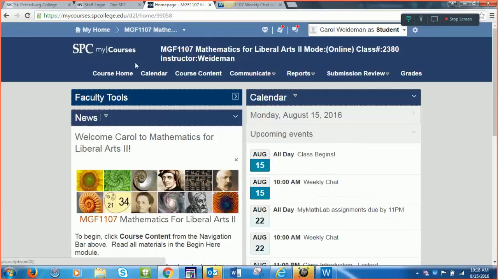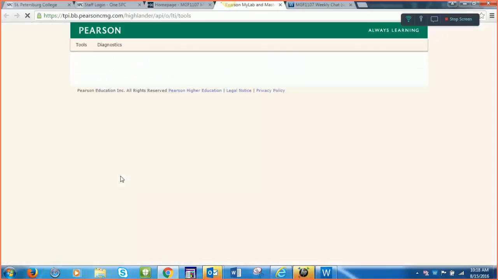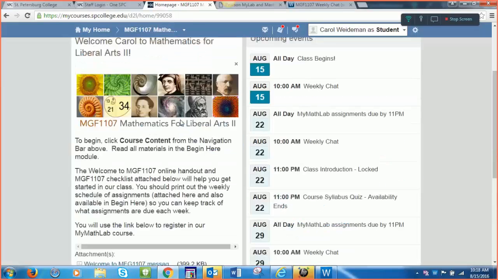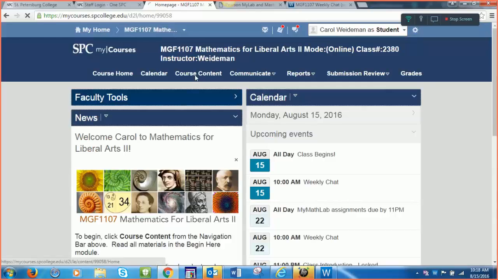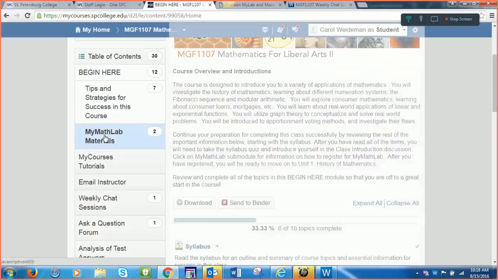I'm on the course homepage now. All the way down to the bottom, you're going to click here, and my demo student is already registered. The first time you go here, you'll actually have to register and put in your MyMathLab access code. Let me show you where that information is. If you go over to course content and go to MyMathLab, begin here, MyMathLab materials.